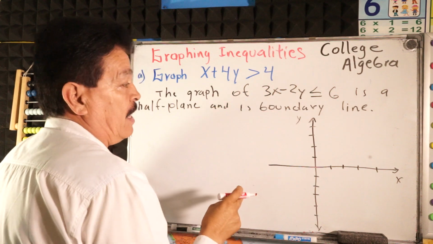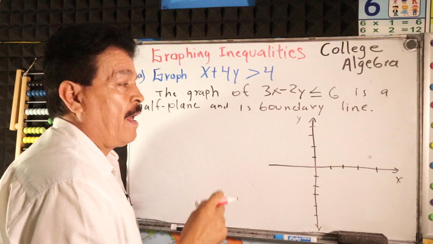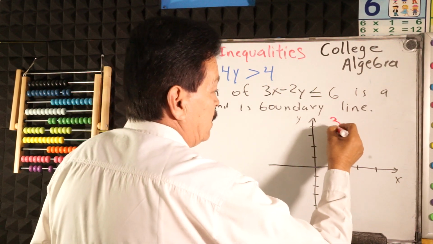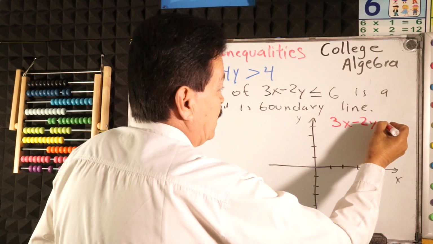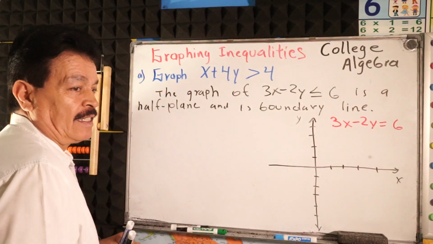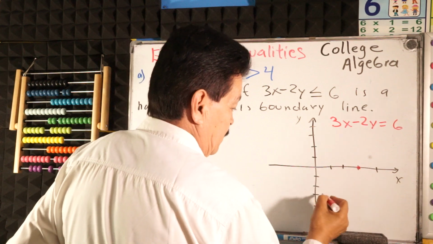First, I need to graph 3x minus 2y equals 6. Remember the concept I gave you. This is the first step.